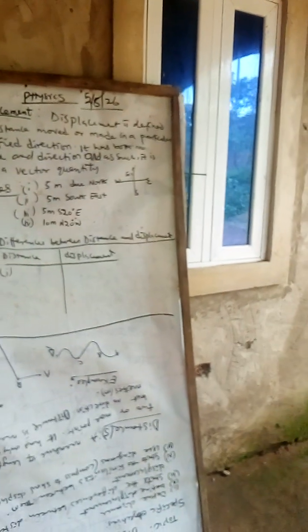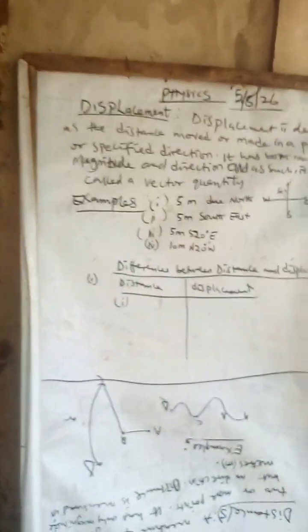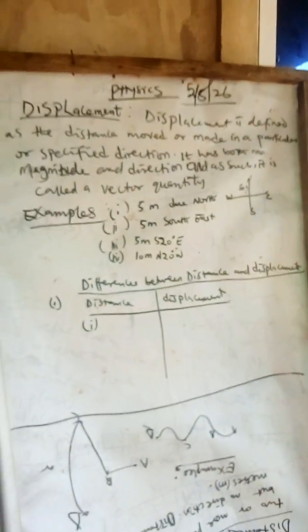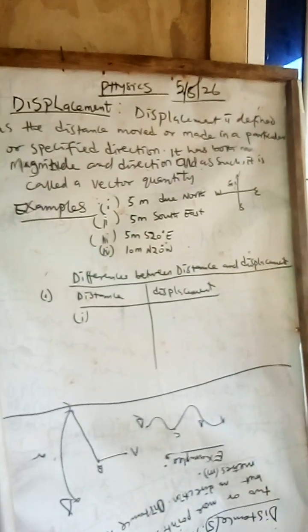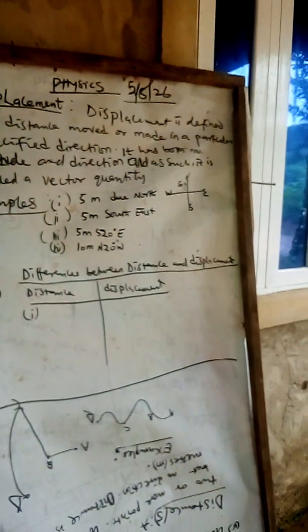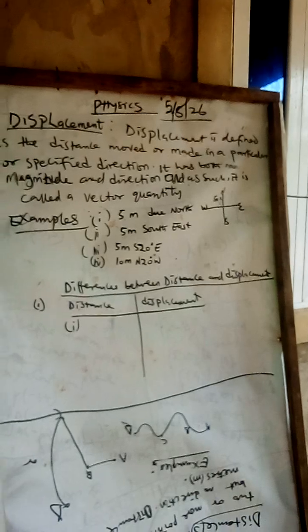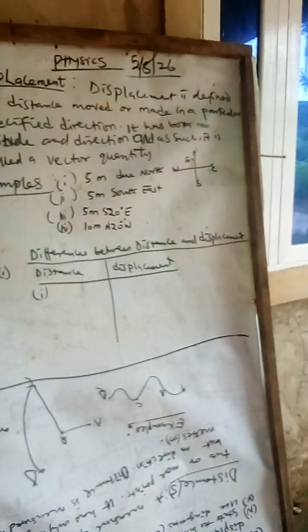Remember when I was talking about rectangular coordinates, the Cartesian plane, we used y for vertical or x for horizontal. This time around in displacement, we shall be looking at the compass, as you can see on the board. In this demonstration, this is my reference point.